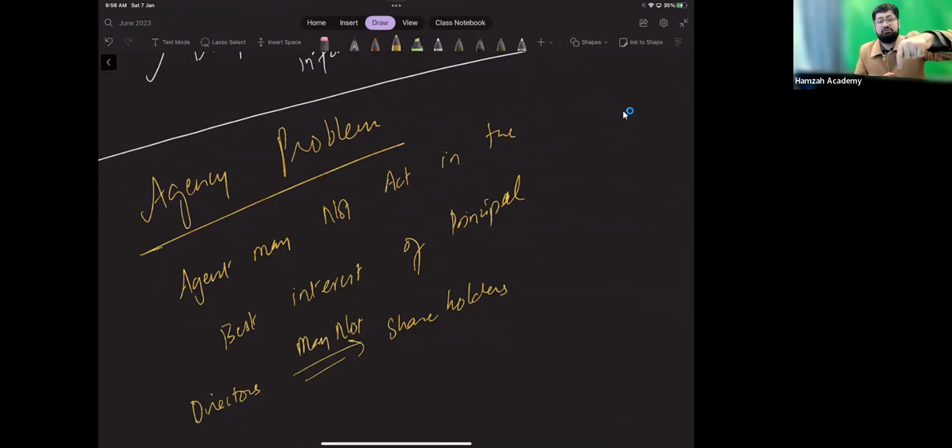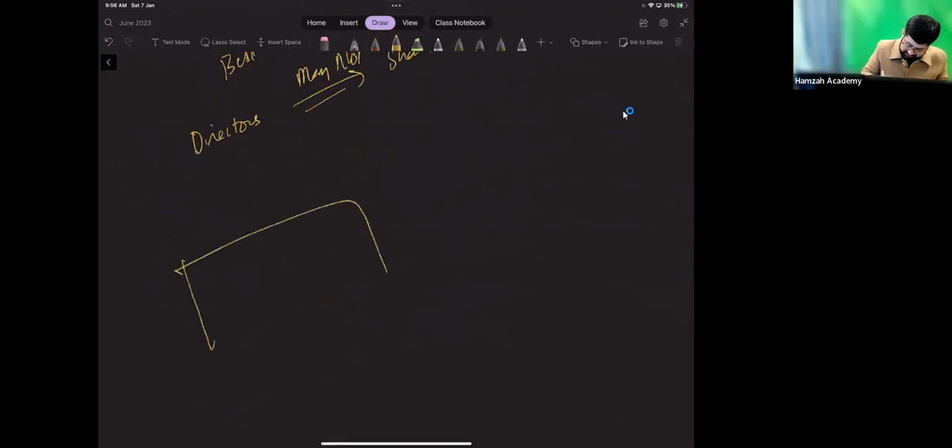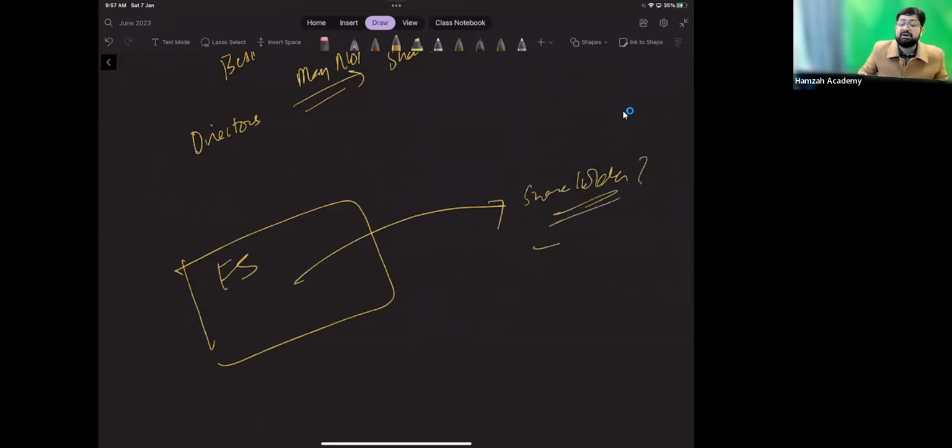Now here comes the need of auditor. If directors are preparing financial statements of the company and presenting to shareholders, there might be a question mark. Directors may not have prepared this properly. Directors may have played tricks to hide important matters, to manipulate important issues. High possibility. So then what to do?